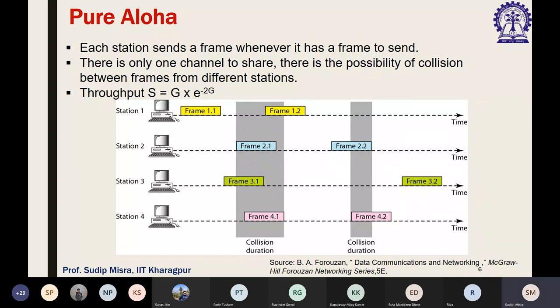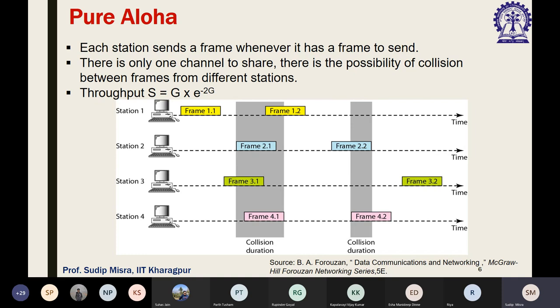This collision could be with the acknowledgement, because of which the acknowledgement is damaged, or the collision has been with the original data, the frame that was sent, because of which the frame itself was damaged and was never received by the receiver.